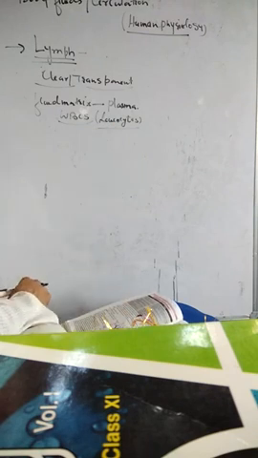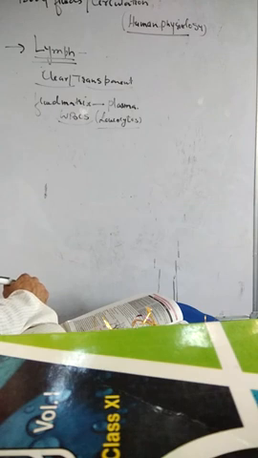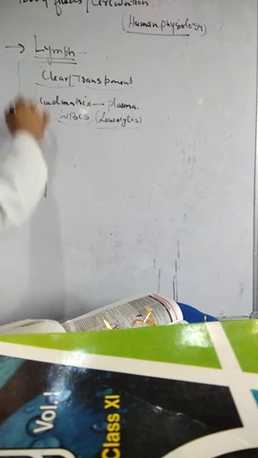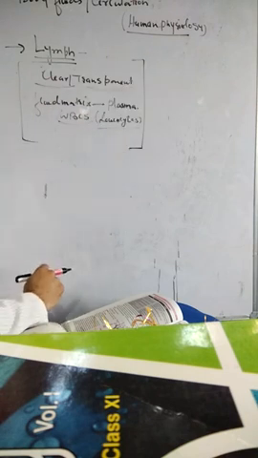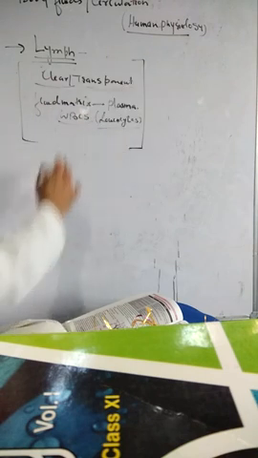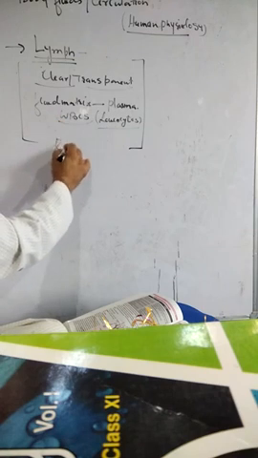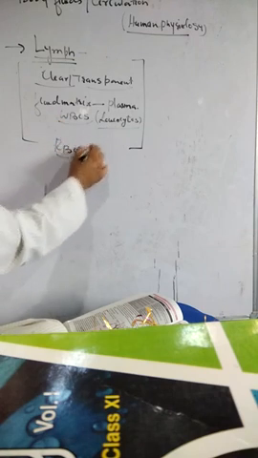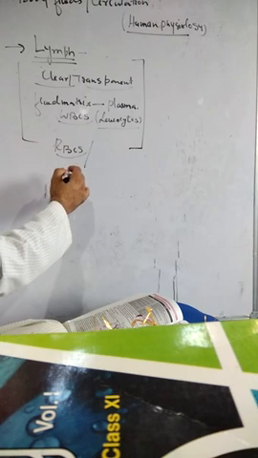The lymph differs from the blood in lacking red corpuscles, platelets, and some plasma proteins. The composition of the blood and the lymph is almost similar, except for the presence of RBCs in the blood, which are not present in the lymph.